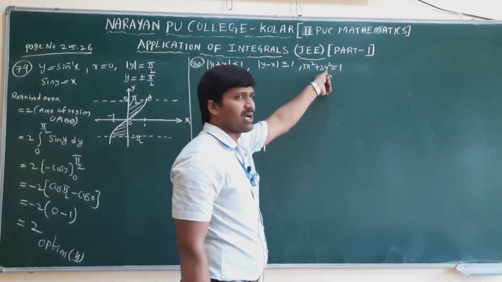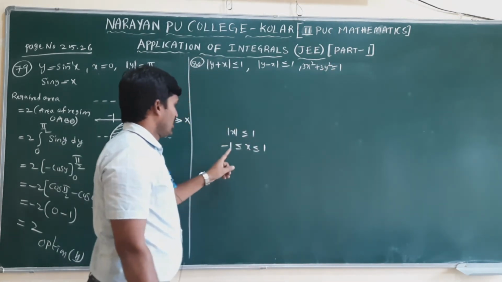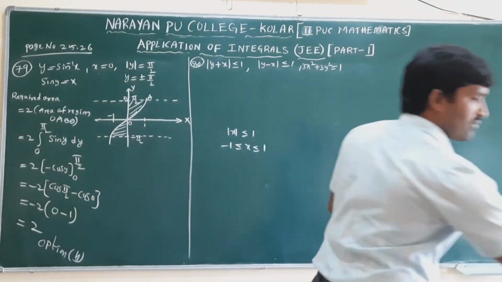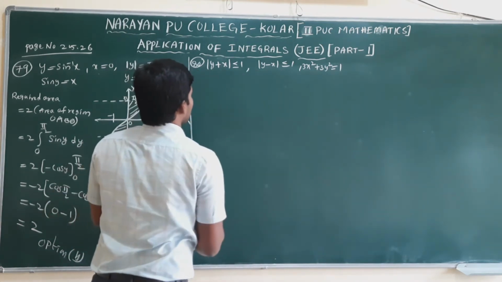They have given 3x square plus 3y square, so let me change the equation. Now generally, mod x less than or equal to 1 means the condition is minus 1 less than or equal to x less than or equal to 1. Based on that we can verify these conditions.